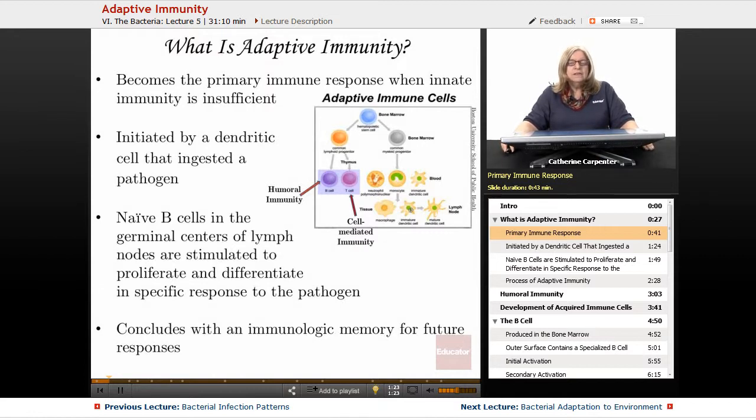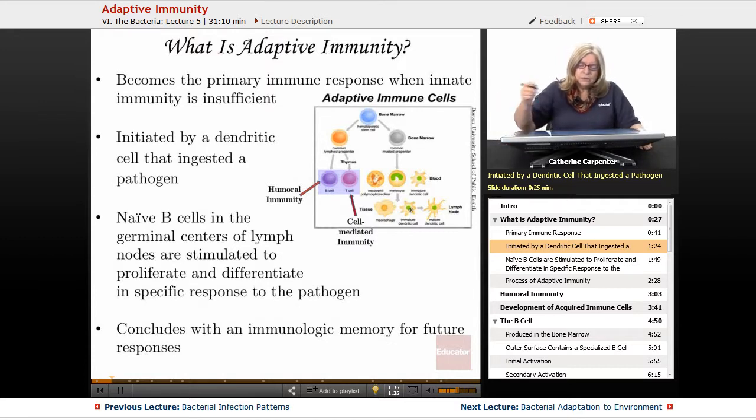Adaptive immunity is initiated when a dendritic cell engulfs a pathogen. And we have the thymus, which is a source of where the T and B cells reside.